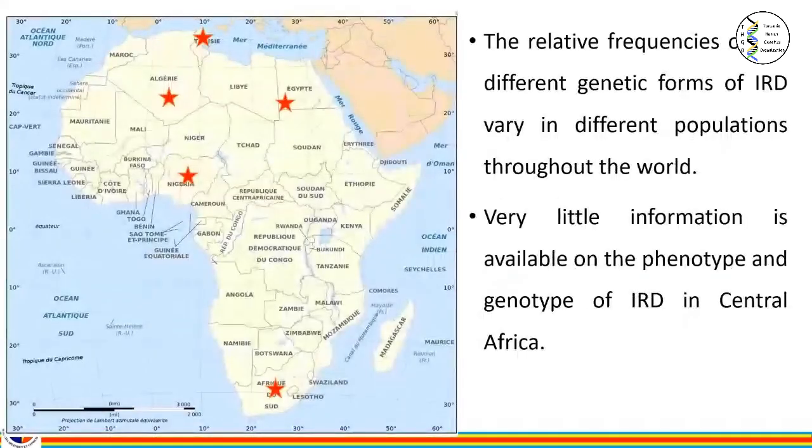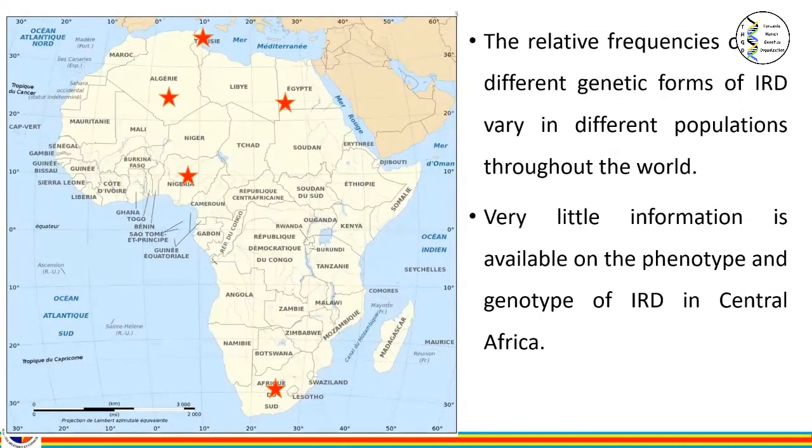The relative frequencies of the different genetic forms of RAD vary in different populations throughout the world. In Africa, there were some studies carried out in Nigeria, South Africa, Egypt, Algeria, and Tunisia.